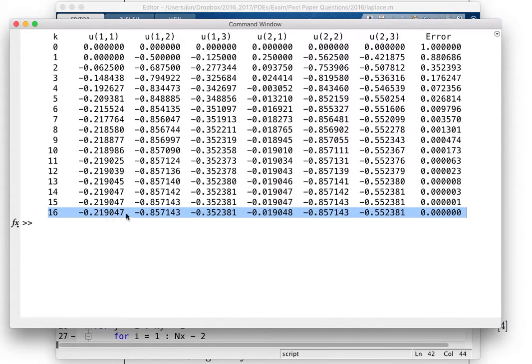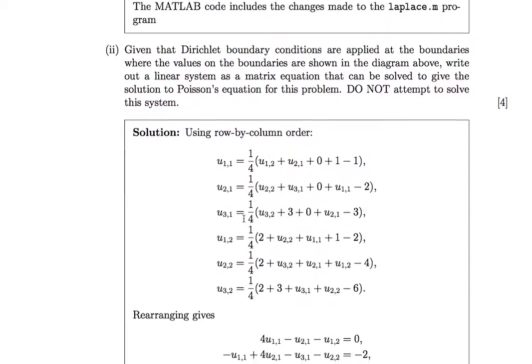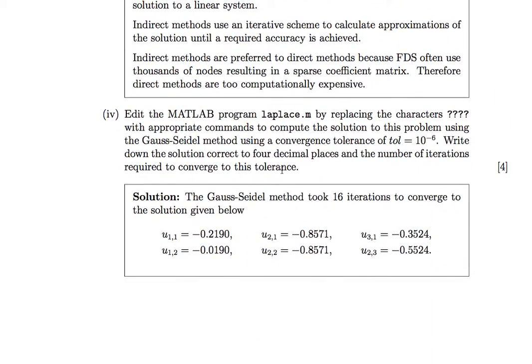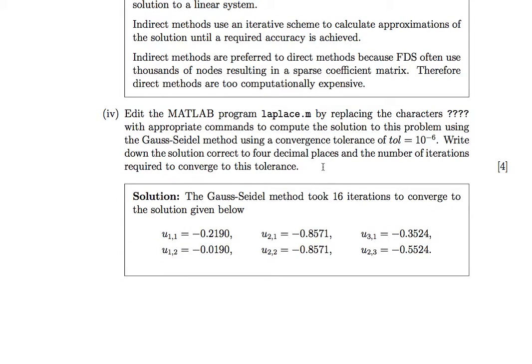And this last line here are the solutions correct using that tolerance. Okay, so then all we have to do in our answer booklet is, it said write down the solution correct to 4 decimal places. So you can see I've written the solution correct to 4 decimal places down there. Okay. In the exam, you'd also be expected to save your program to the H drive.